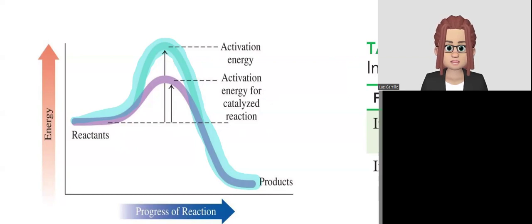So the energy that has to be overcome to produce the transition state, then to lead to the production of product is lower. And by doing that, it's giving you a route that basically is, in a way, shortening the distance to go from reactants to products. But in chemical terms, that will be just a decrease in activation energy in order for the reactants to form products at a faster rate.